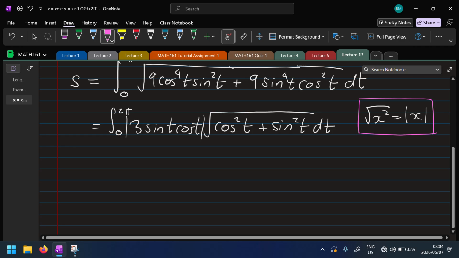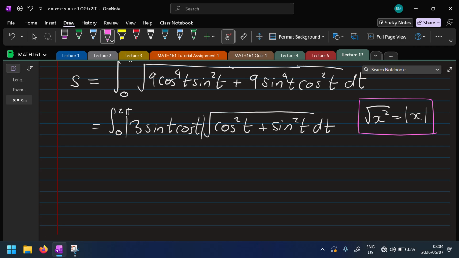So let's just look at the sine function from 0 to 2 pi. It's the same for the cos. So this is the sine function from 0 to 2 pi. This is if we didn't put the absolute value, which we need.